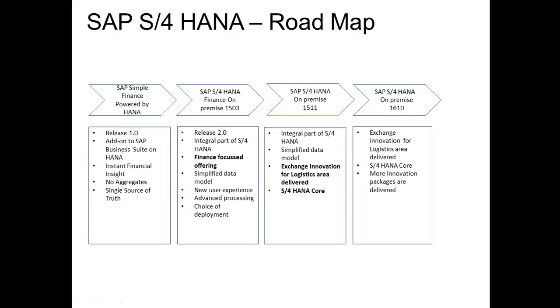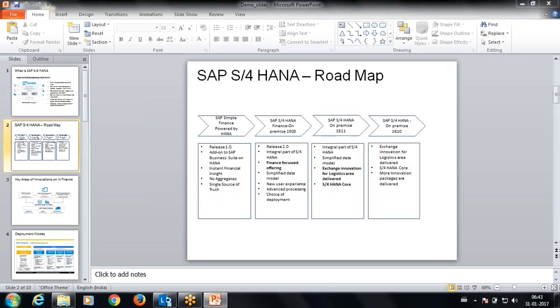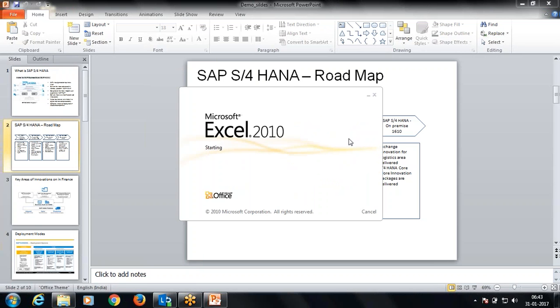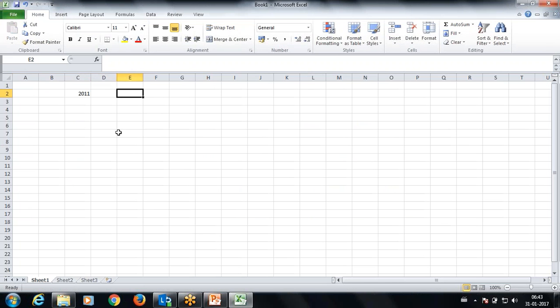So this is the roadmap, or rather the evolution, of SAP S/4HANA. How it evolved is what we are going to look into in this slide. Just to give you a brief intro about how it came about, in 2011, SAP released a product called HANA.